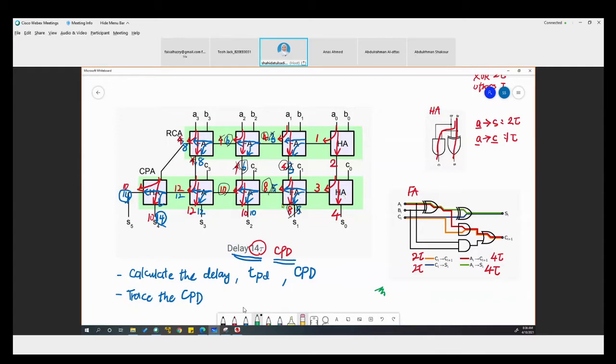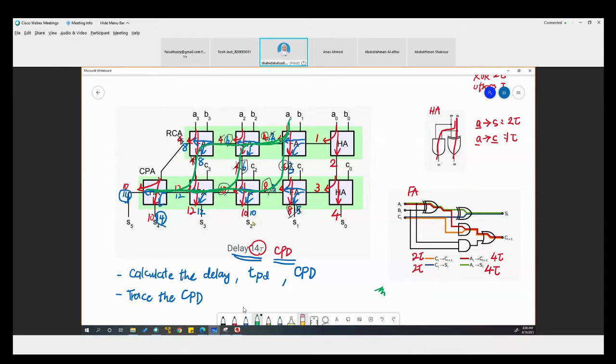So the path will be, I hope you can see the green. Can you see the green? Yeah, it's hard to see, but I hope you can see it. It will be this path, or this path, or this path.